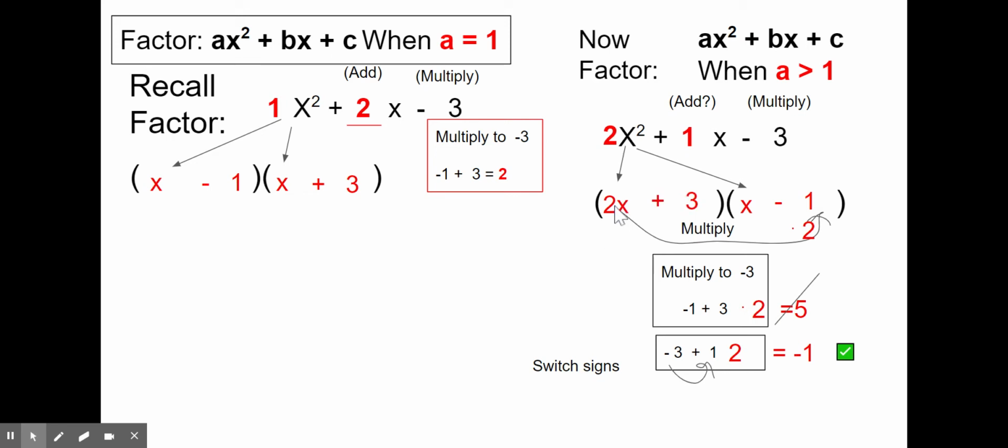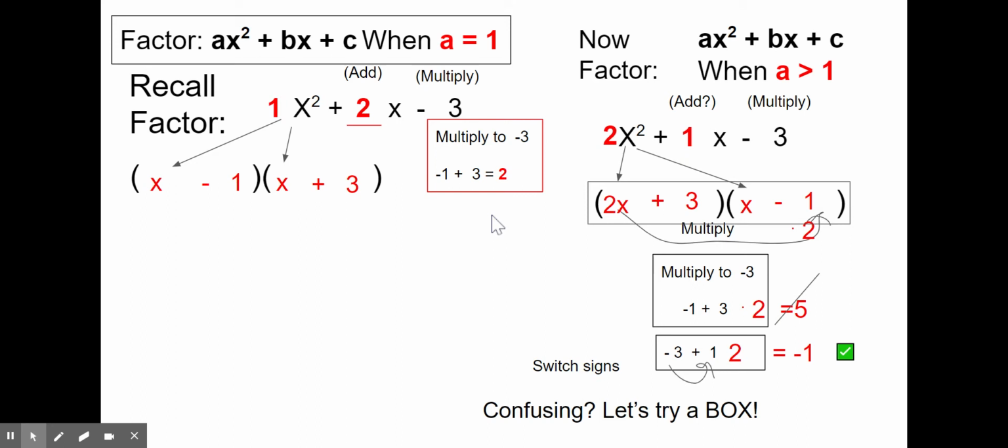So now I have it. 2x times negative 1 is negative 2x. Positive 3 times x is 3x, and that adds to 1. Finished. Those are my two binomials that multiply out to 2x squared plus 1x minus 3.